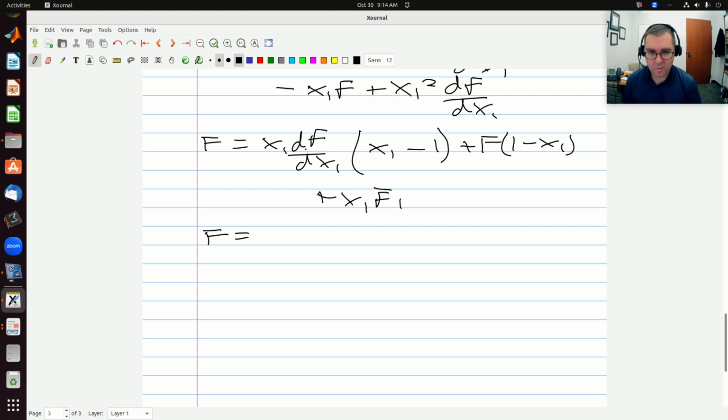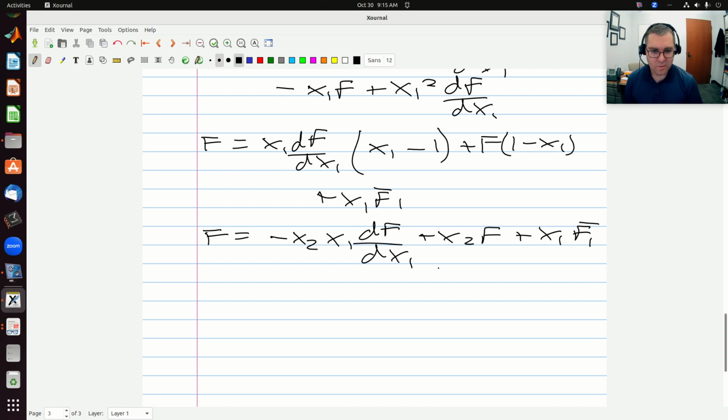So then f is equal to, so x1 minus 1, that's really negative x2. So I'm going to write this as negative x2 x1 df/dx1 plus, now 1 minus x1, so that's plus x2 f, just to simplify it, plus x1 f bar 1.